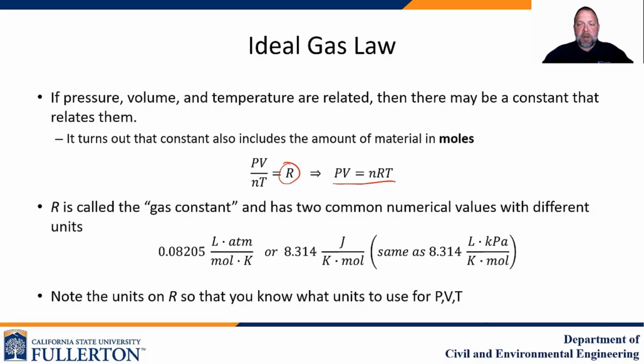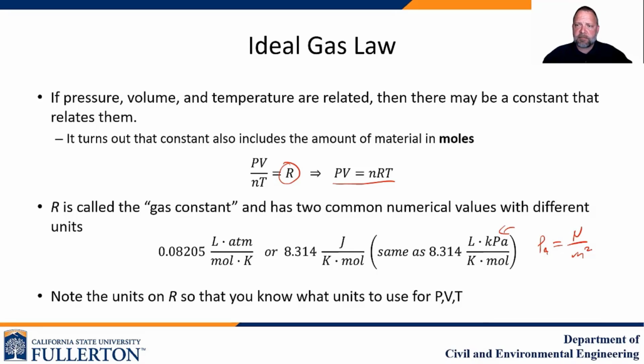There are two different numerical values for R. One is 0.0821 or 0.08205. You can see there, and that's in liter atmospheres per mole Kelvin, or 8.314 joules per Kelvin mole, which is actually the same as liter kilopascals per Kelvin mole. Oh, and you know, I meant to mention before, a Pascal, put it on the slide earlier, it's just a Newton per meter squared.